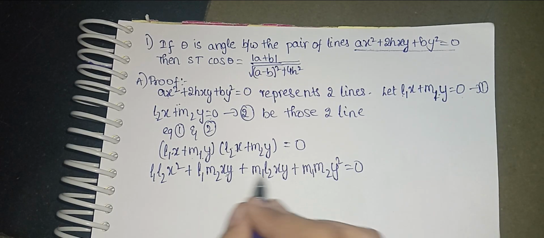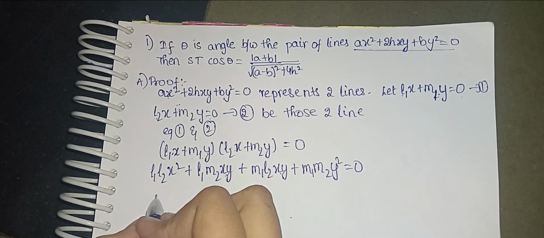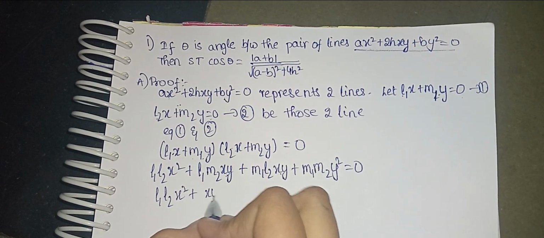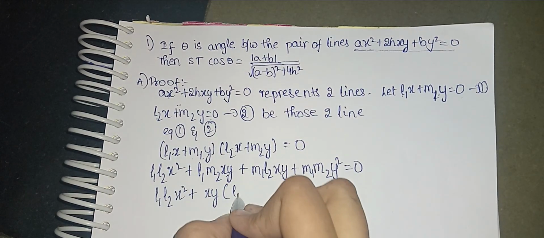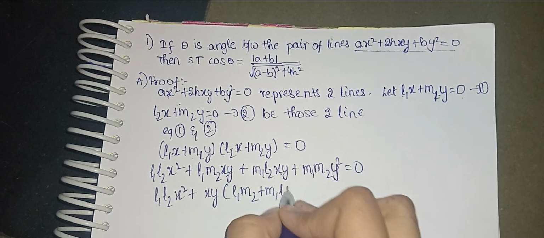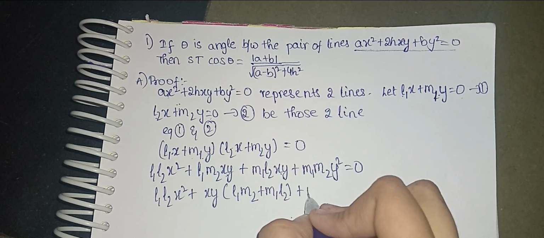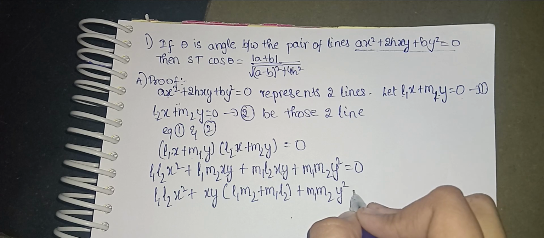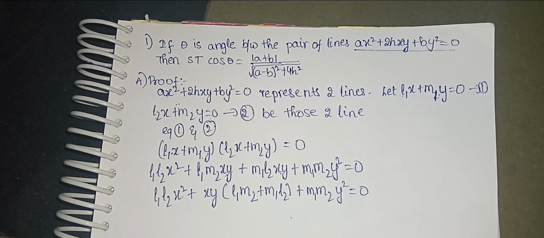Here xy and xy are common, so we'll take it common: L1 L2 x square plus xy (L1 M2 plus M1 L2) plus M1 M2 y square is equal to 0.